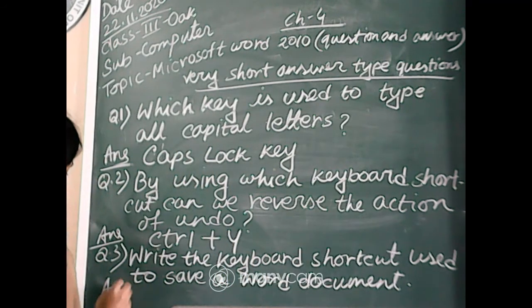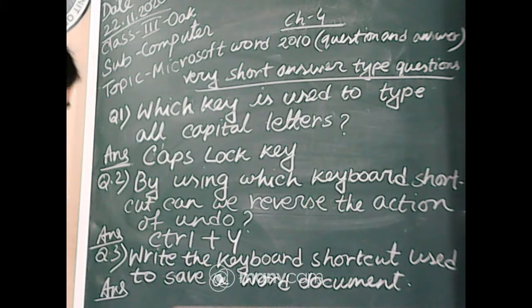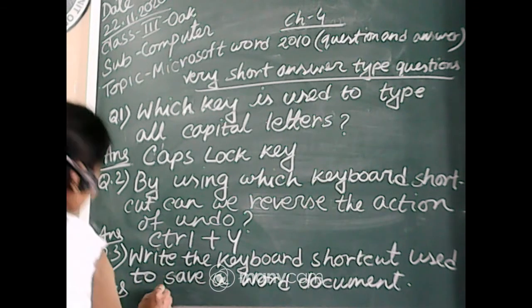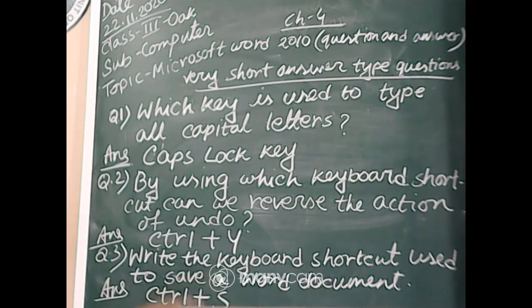Tell me the answer, beta. Write the keyboard shortcut used to save a Word document. The keyboard shortcut is Control plus S. Very good. CTRL plus S. This is the keyboard shortcut. Done, everybody?